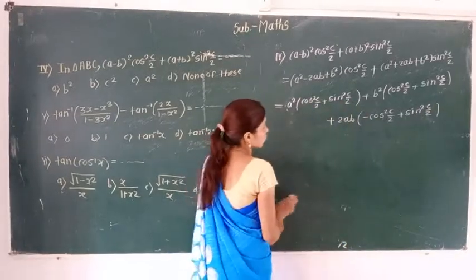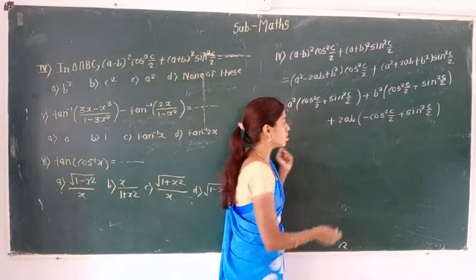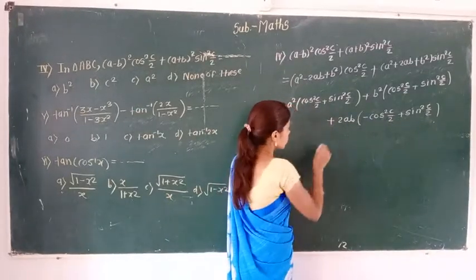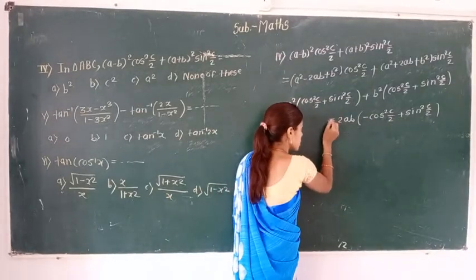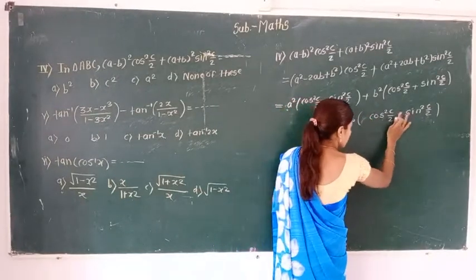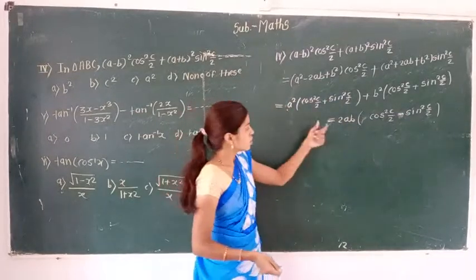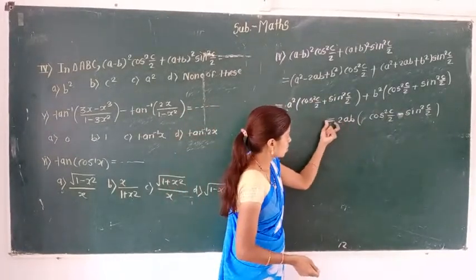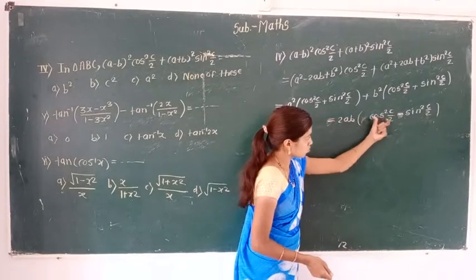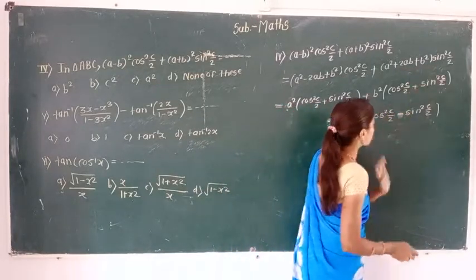Now see here, take a common minus sign from these two terms. So this term we can write positive, this term we can write negative. So we got the terms minus 2ab cos square C by 2 minus minus is plus 2ab sin square C by 2.